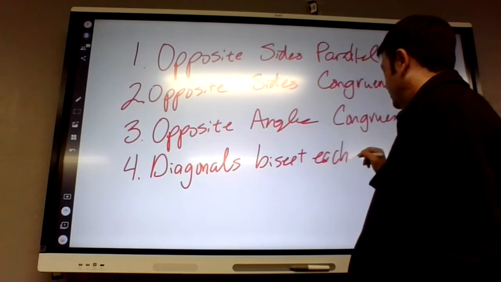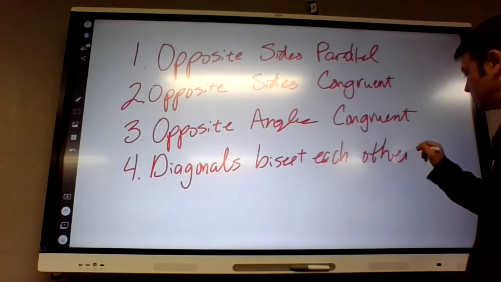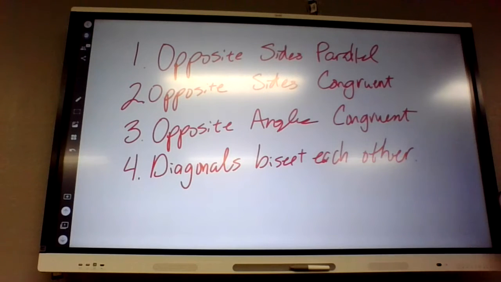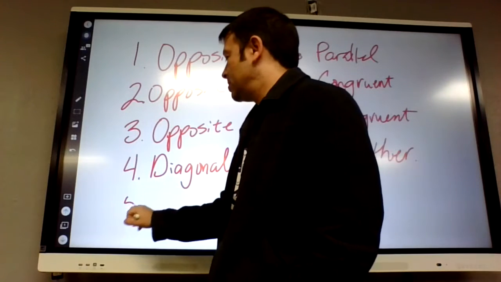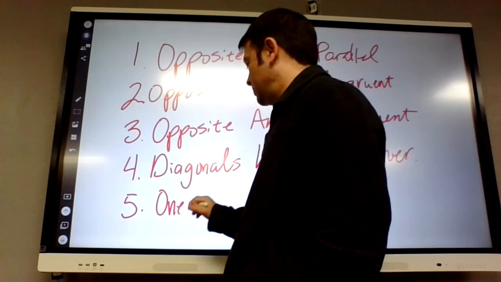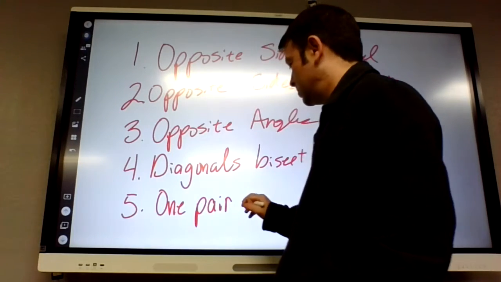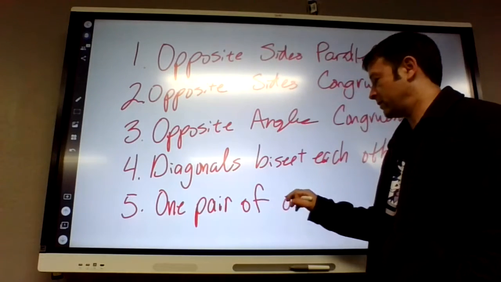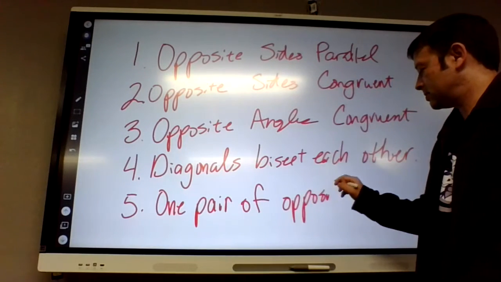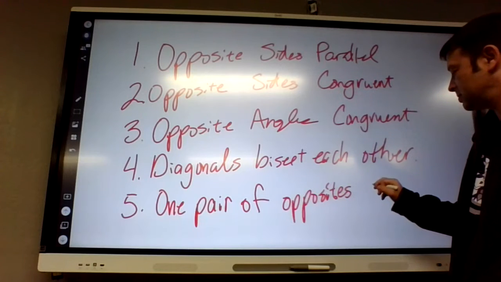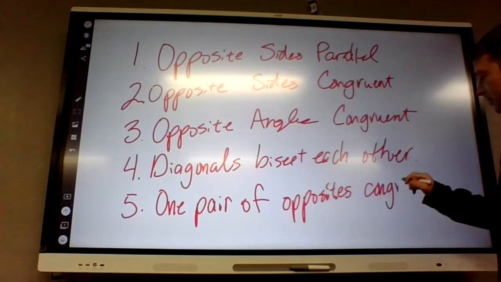There's one more, you guys probably forgot it. Consecutive angles are supplementary, but I wasn't going to put that one down. One pair of opposite sides are congruent and parallel.